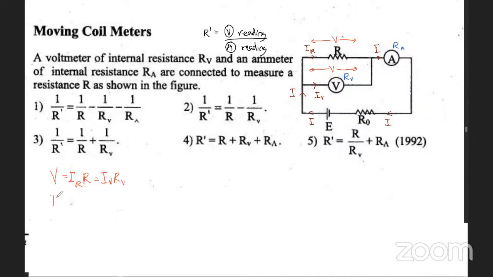Current is the problem now. When you add IR and IV, you will get the current through the ammeter, that is I.